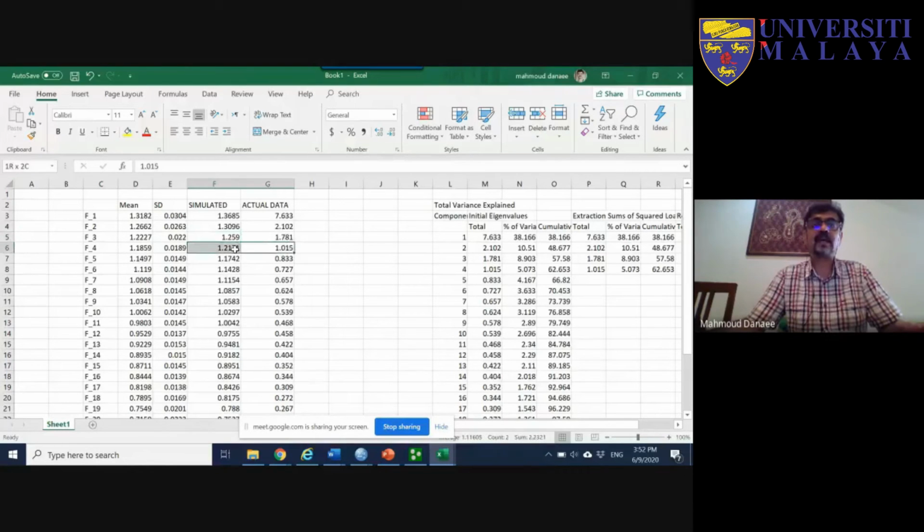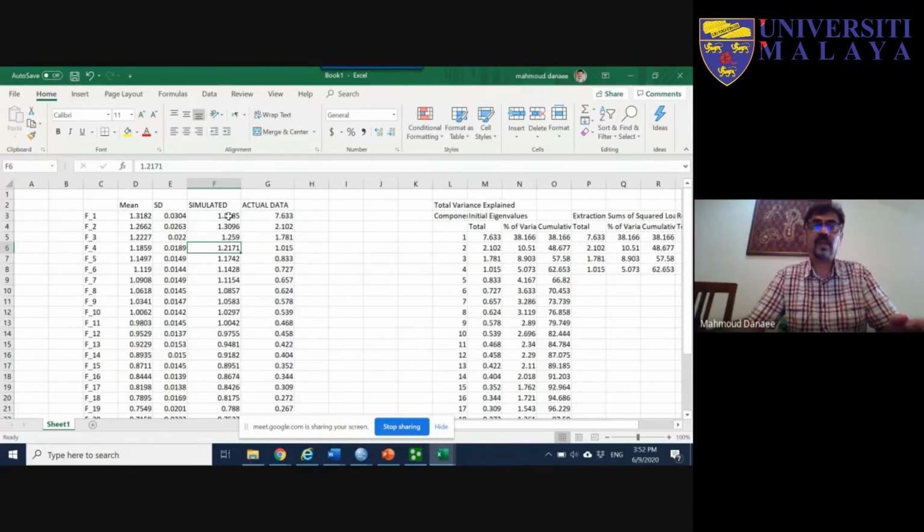But look at here. My fourth component in SPSS, the eigenvalue was 1.015, while the simulated data is more than this. That is why, instead of 4 components, statistically, you need to extract 3 components.